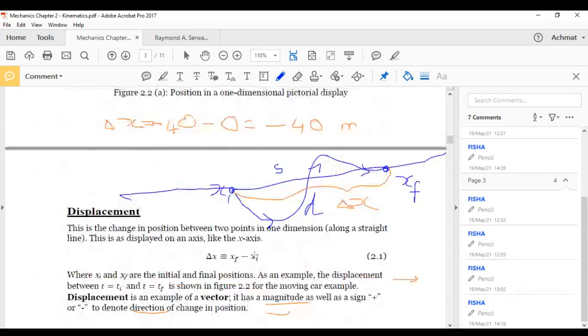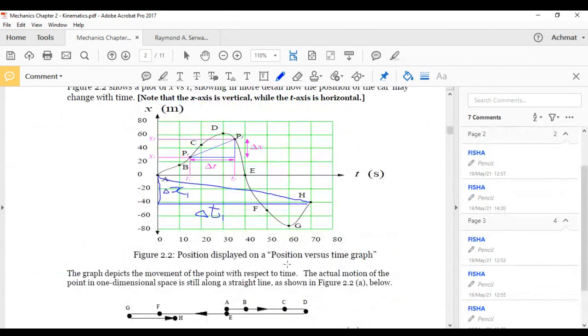Let's go back to the graph. The average velocity between Pi and Pf will be the average gradient of that line. Between A and H, the average velocity of that line is the average gradient, right?